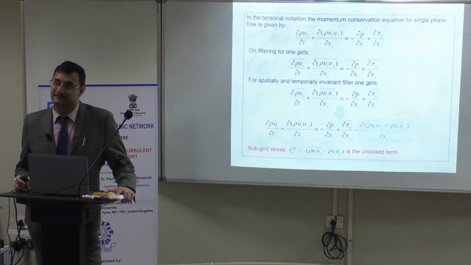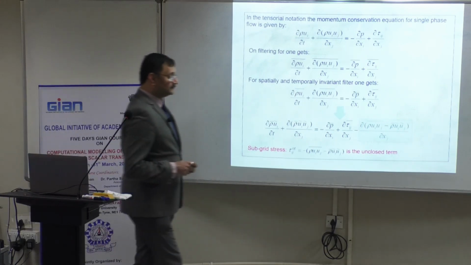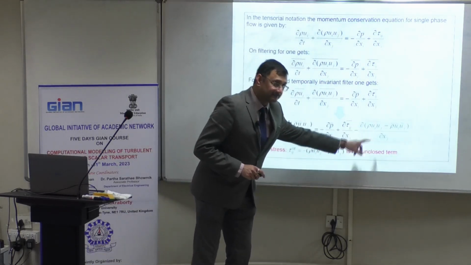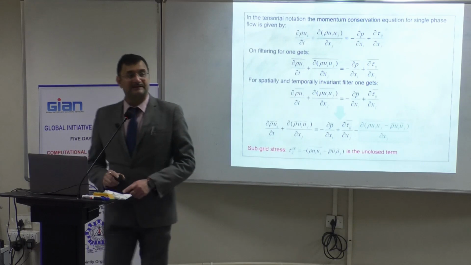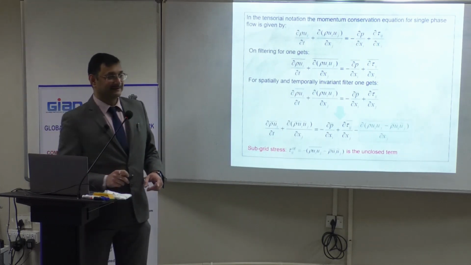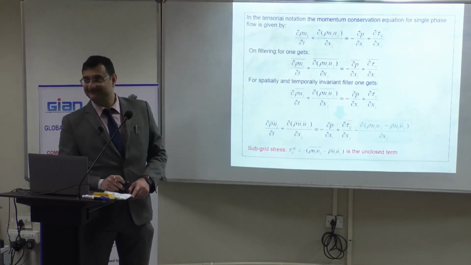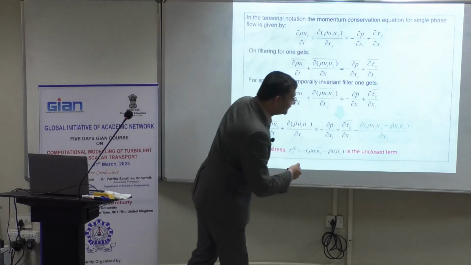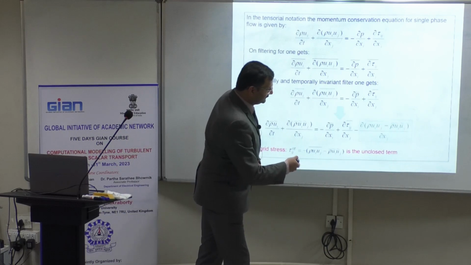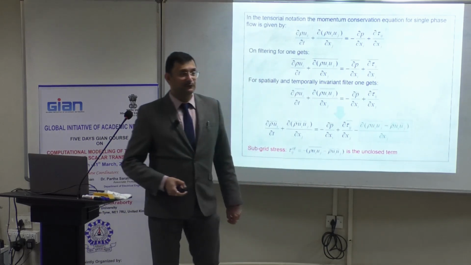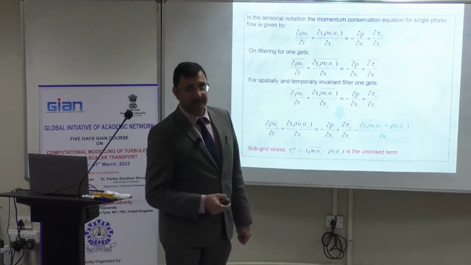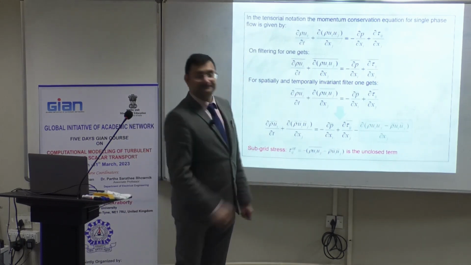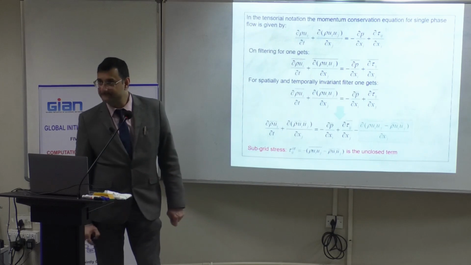Clear? Before I leave this slide, exactly the same term appeared as the Reynolds stress term in RANS. Okay? If you do a little bit of algebra, it will come out to be rho u_i double prime u_j double prime bar in the case of RANS.